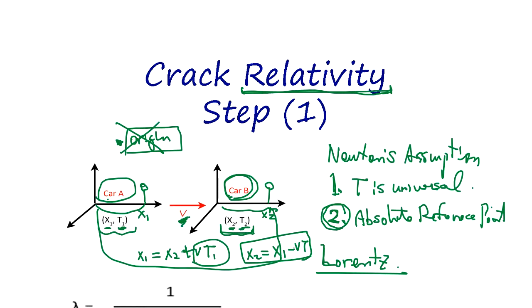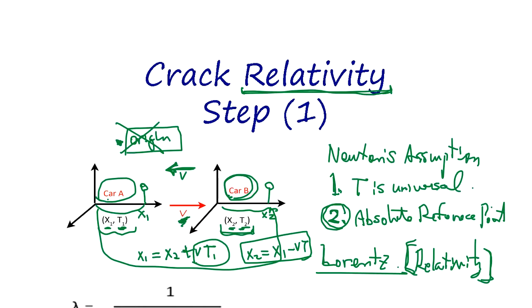The car B thinks car A is moving in this direction at the v. You cannot tell who is correct. So this idea of relativity came up.